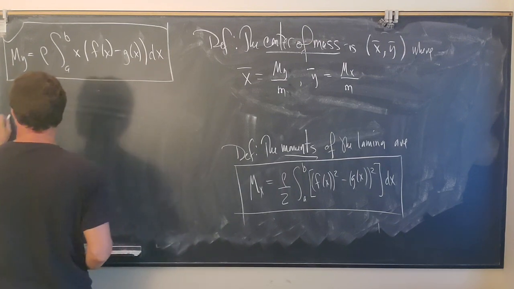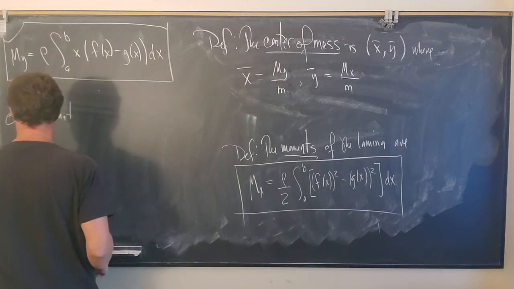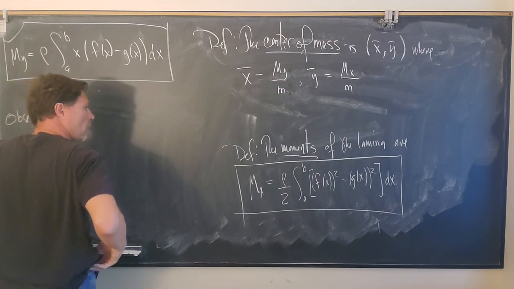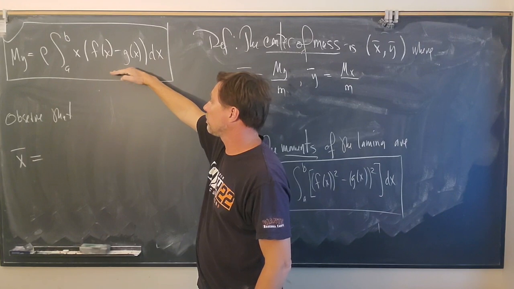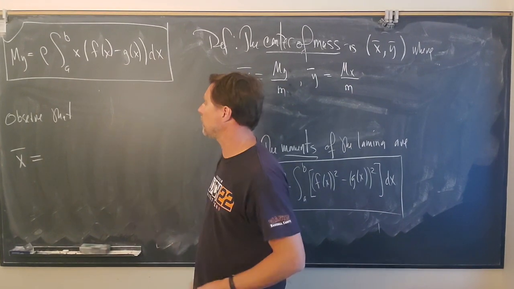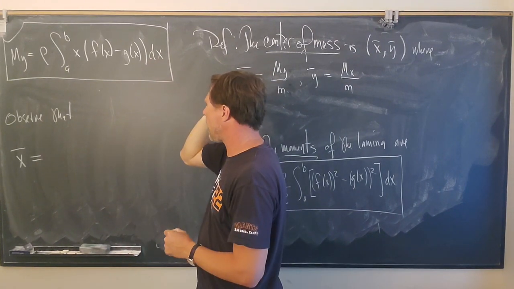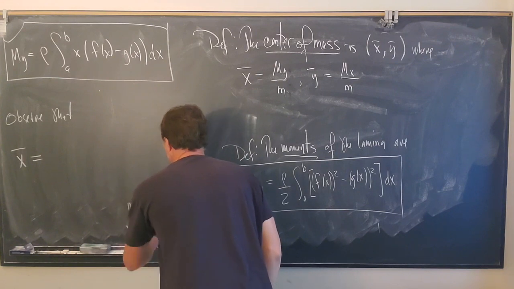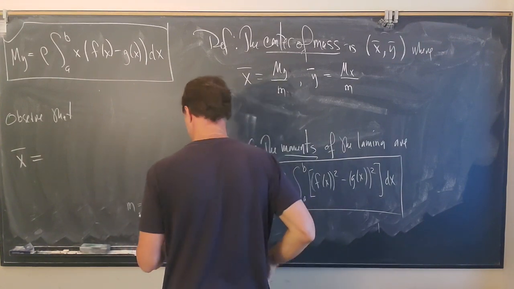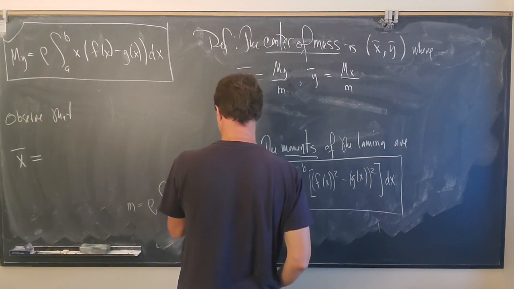So observe that x bar, I want to think about what this computation is. x bar is going to have this in the numerator, and then the thing that I just erased in the denominator, sorry I ran out of space there, the rhos cancel out. And then if you think about what m is, let me write m right here, it's rho times the integral a to b of f of x minus g of x dx.